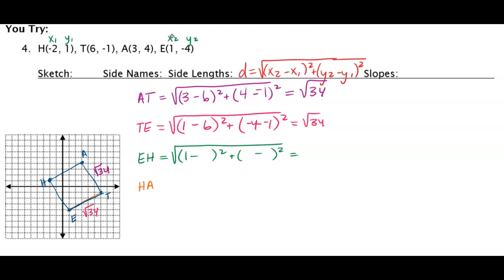So for my distance formula, I would have 1 minus -2 for my x's, and then -4 minus 1 for my y's. So now we're going to plug this into our calculators again, just the part that's under the radical. And when we do that, we get 34 again. So HE is the square root of 34, and my prediction is that HA will also be the square root of 34.